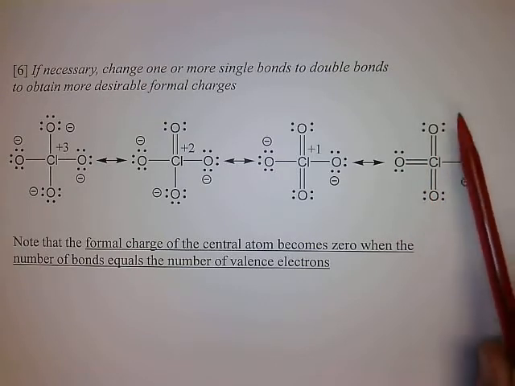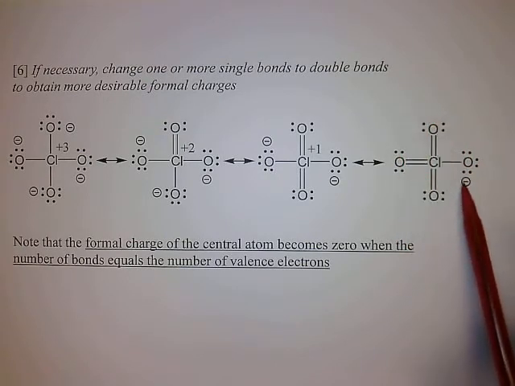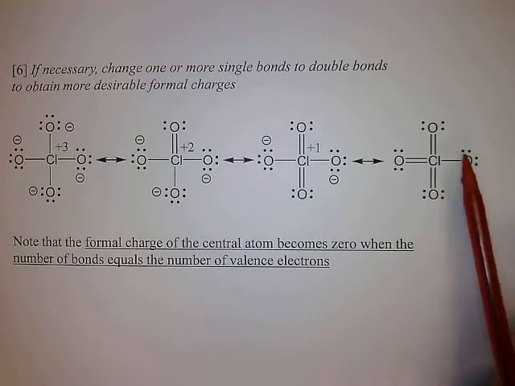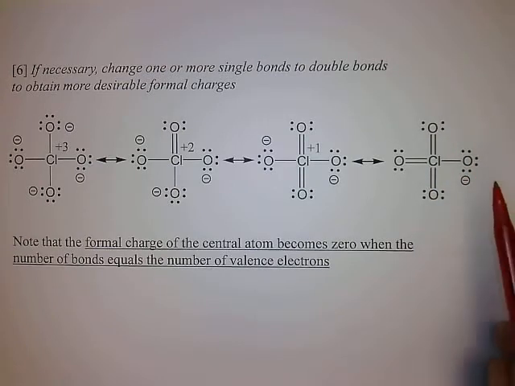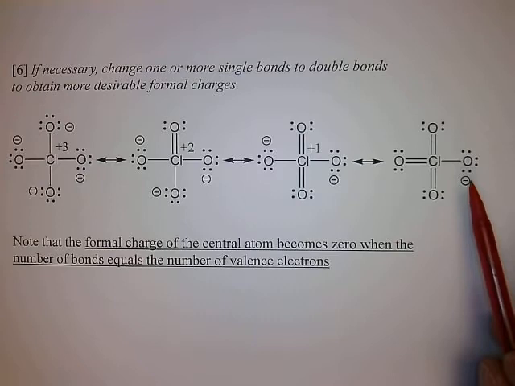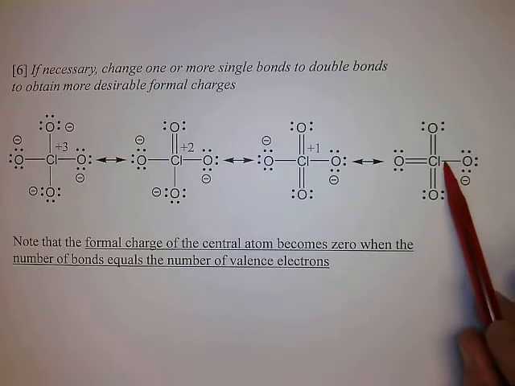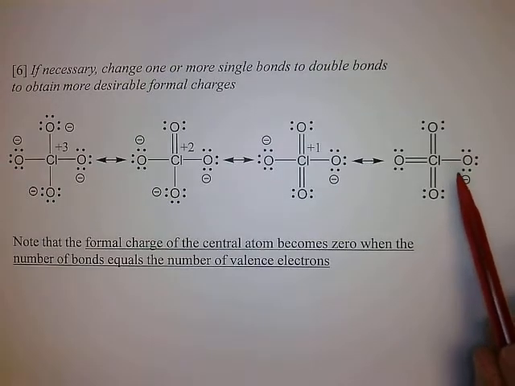So in this structure, we've gotten rid of all the formal charges except for the one on the singly bonded oxygen. Now you might ask, could we carry this one step further? What if we converted an unshared pair here into another bonding pair? What would happen? Well, this formal charge would go away. This would become 0.